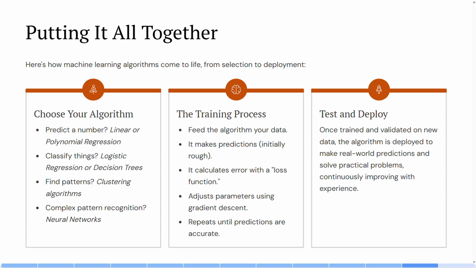Finally, you will test and deploy it. Once trained, you test it on new data which it hasn't seen. It could be your untrained dataset or it could be data from the production environment. Now remember, a machine learning product is never a single-line production.